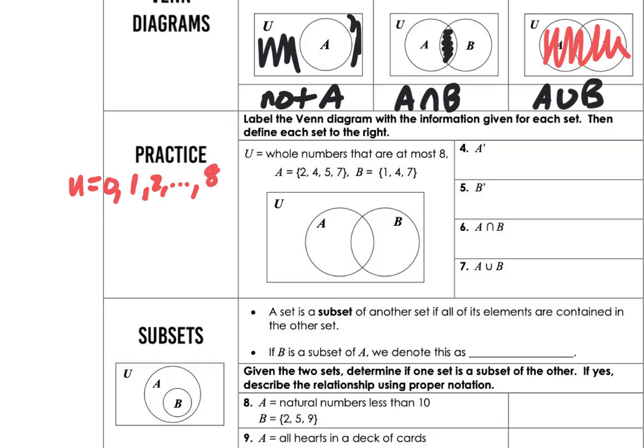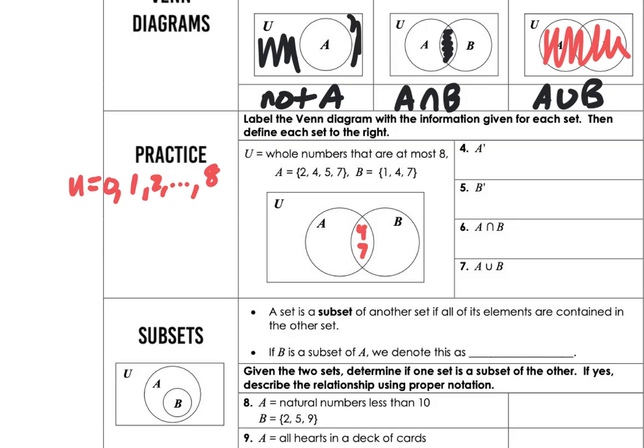And so what we're going to do here is we're basically going to start inside and work our way out. And so what do A and B have in common? 4 and 7. So those two numbers go in here.